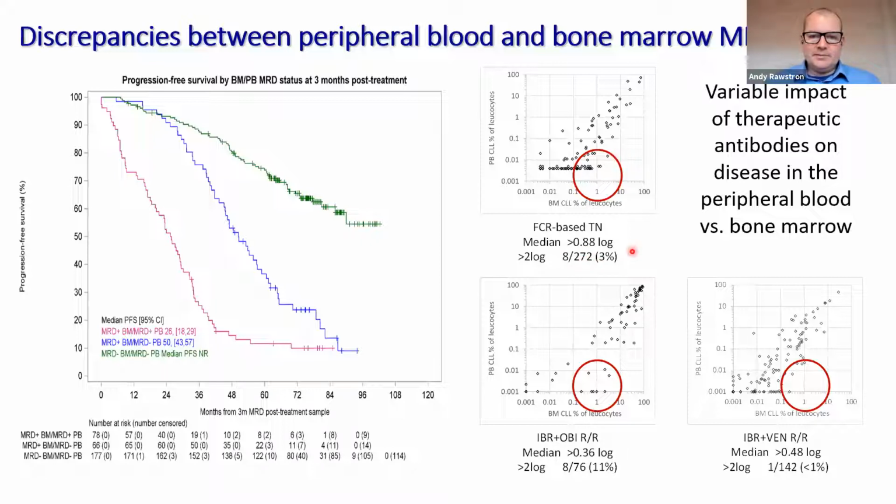If there's ibrutinib in the picture, this tends to bring the cells out from the bone marrow nodes into the peripheral blood, so there's often less discrepancy. If there's no chemo, no antibody therapy, maybe you'll see about a half a log difference between peripheral blood and bone marrow. And so in those situations with no antibody, the peripheral blood is actually very informative.